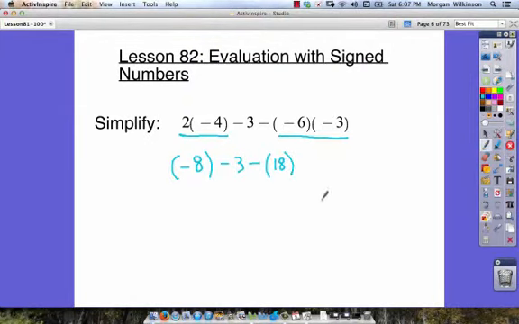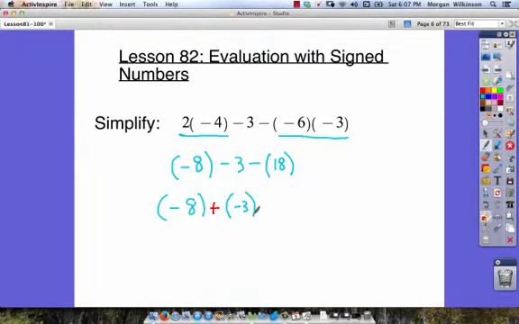Very good. We can go ahead and work through the next part of our problem. It's important that we always add rather than add and subtract. So we're going to say negative 8, and then instead of saying minus 3, we're going to say plus negative 3, because saying negative 8 minus 3 is the same thing as saying negative 8 plus negative 3.